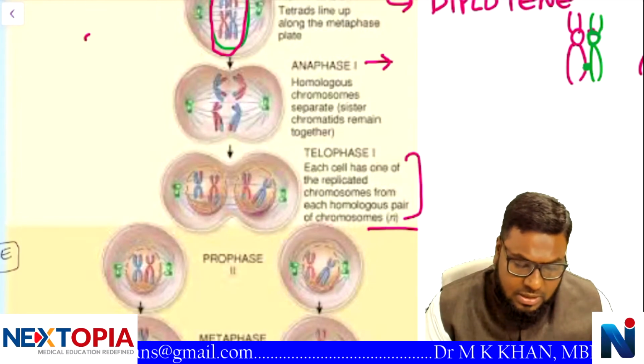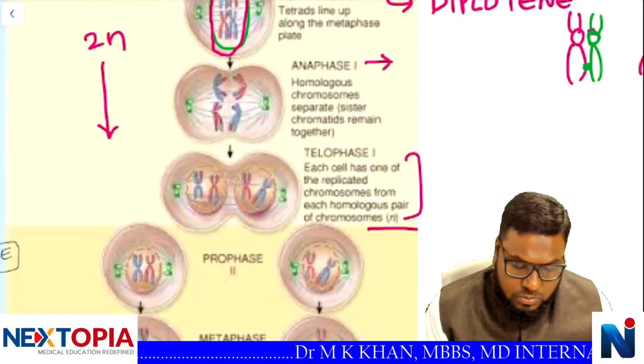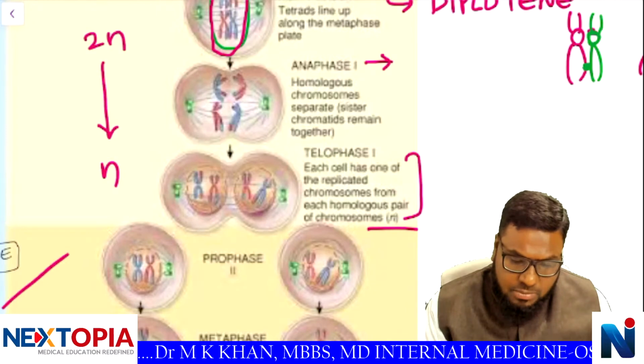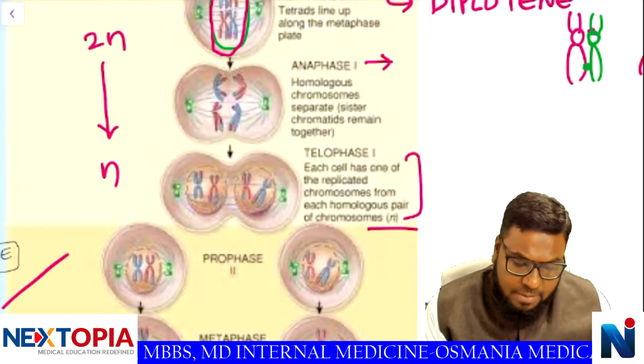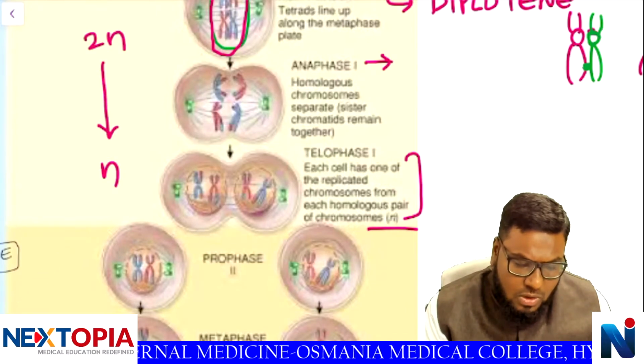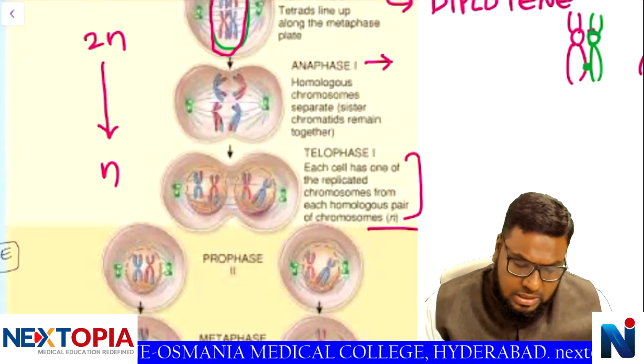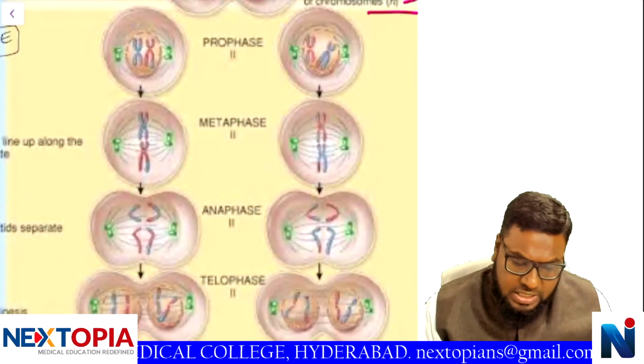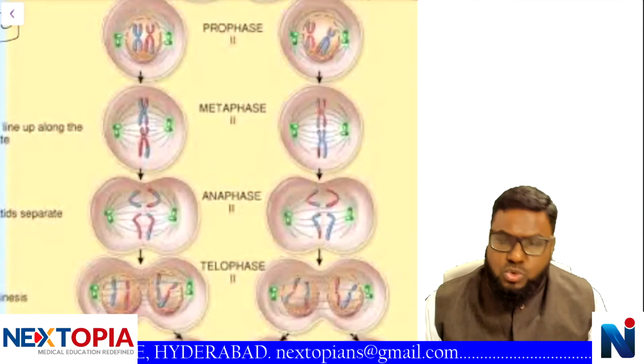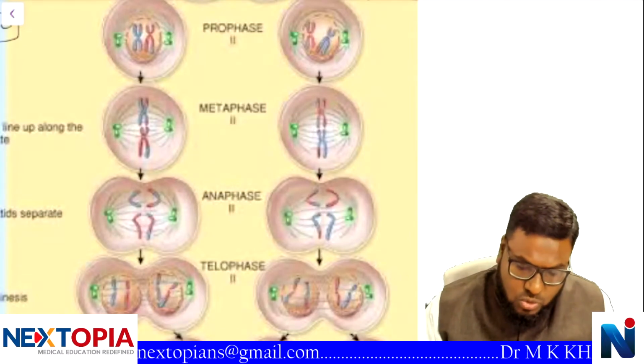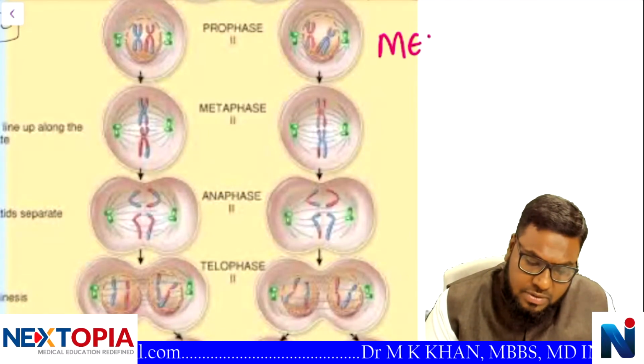If it was 2n, it has become n now. Then meiosis 2 starts. Meiosis 2 again has prophase 2, metaphase 2, anaphase 2 and telophase 2. Meiosis 2 is the same as mitosis.